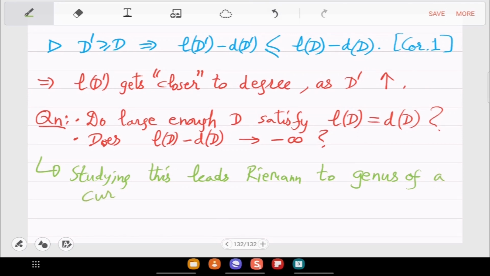Genus of a curve. Okay, so the new term genus, which is an important invariant of a curve, appears because of these issues, or you want to understand these issues.